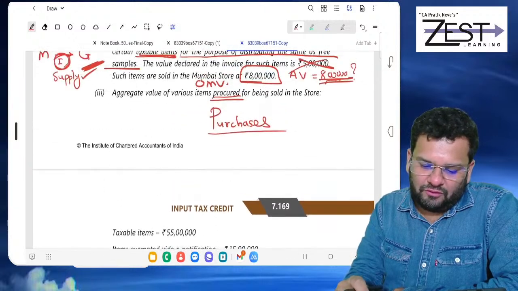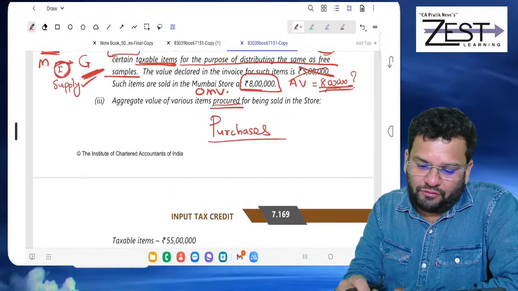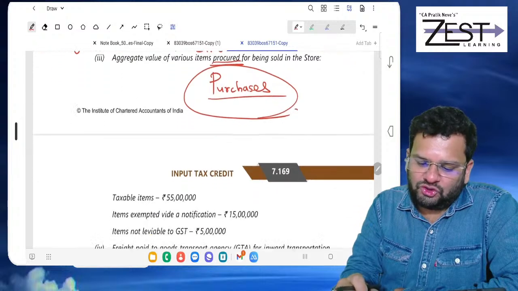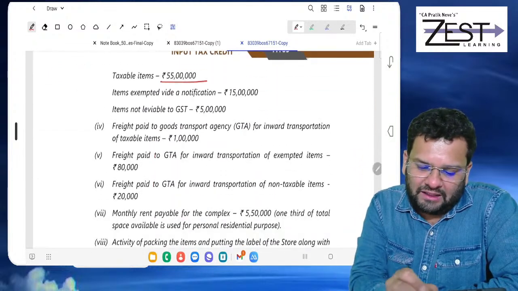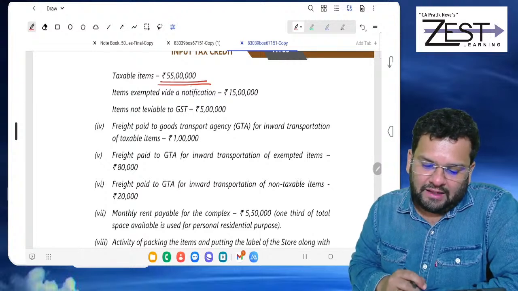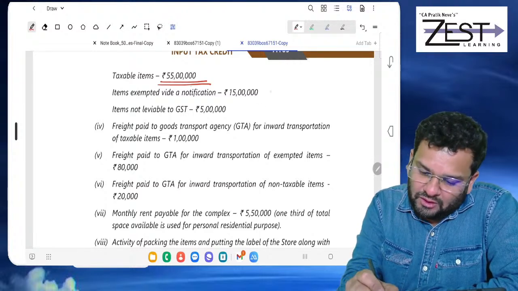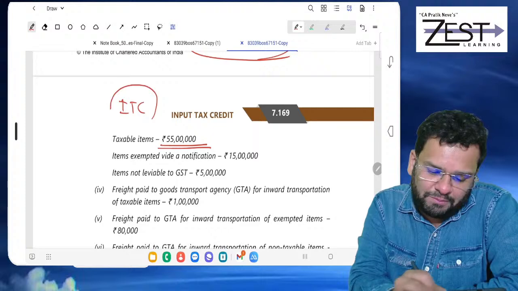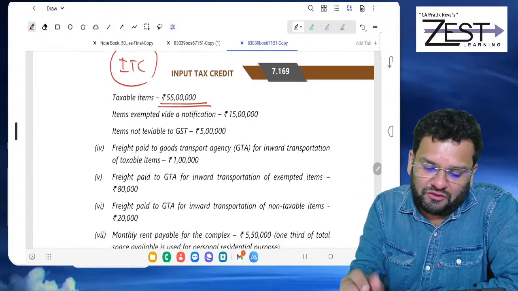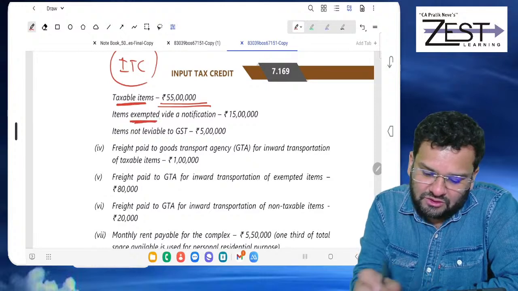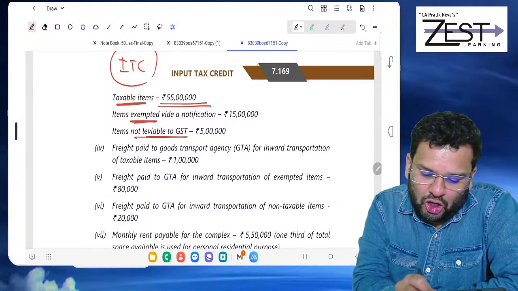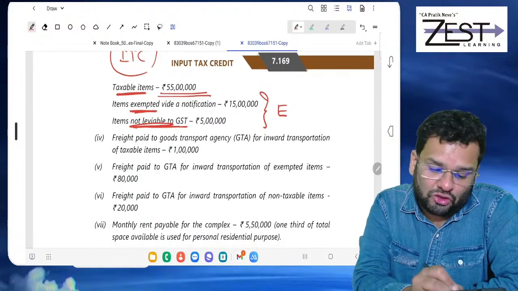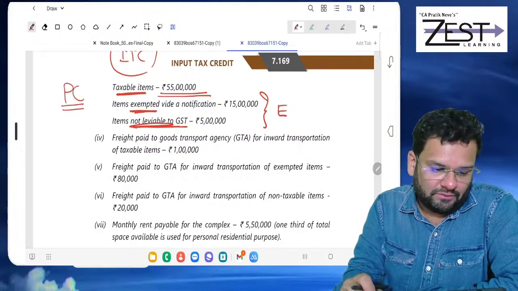See, aggregate value of various items procured means purchased for being sold in the store. Taxable items 55 lakhs. Items exempted by notification. So see this, you are buying, means this detail is given for ITC purpose. Taxable items of 55 lakhs, exempted items of 15 lakhs and items not leviable to GST, means these both are exempted. And this is the purchase cost given, not the GST amount.